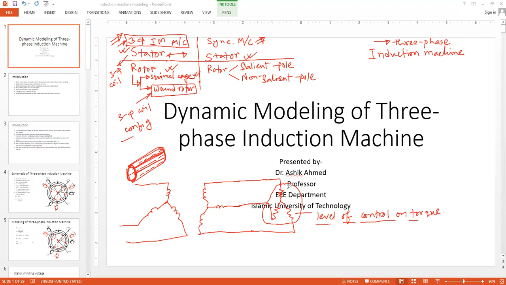However, if you do not want to have this control available, then simply you can short them. But ultimately, to run the machine, you have to make sure that this path is closed. This path is closed like this. Otherwise, you don't get any closed path for the current to flow, and ultimately the rotor won't run. The rotor won't rotate, even if you give a three-phase supply over here. Okay, considering you are supplying three-phase power.